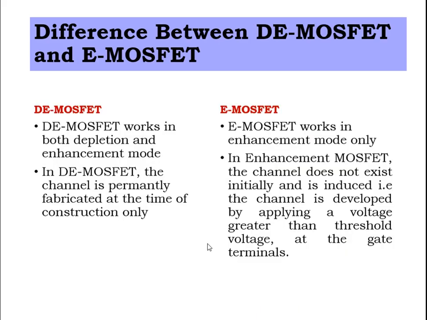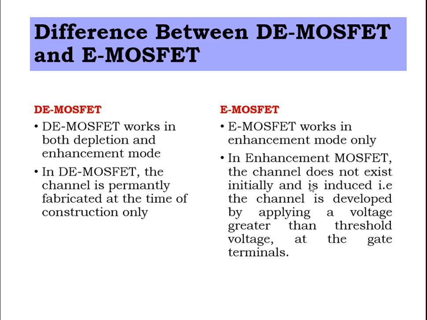Now let us discuss the difference between depletion enhancement type MOSFET and EMOSFET. In case of depletion enhancement MOSFET, it works both in depletion mode and enhancement mode. Hence it is called a DEMOSFET, whereas an EMOSFET works only in enhancement mode. The second difference is, in case of DEMOSFET, the channel is permanently fabricated at the time of construction itself.